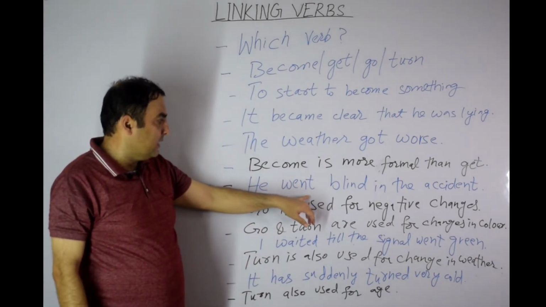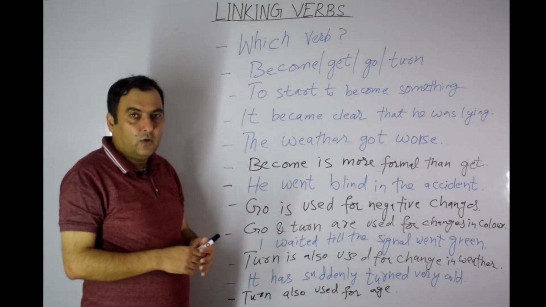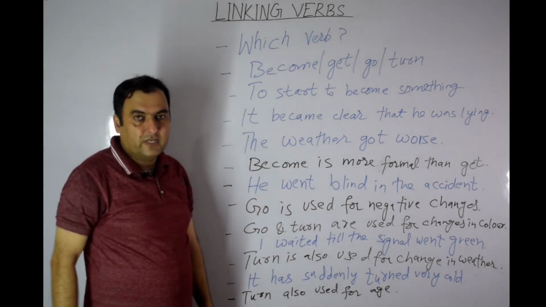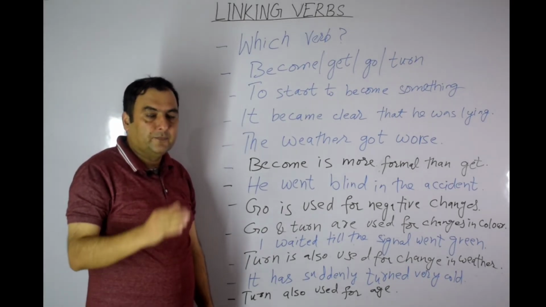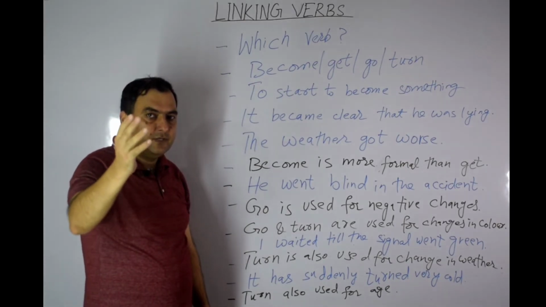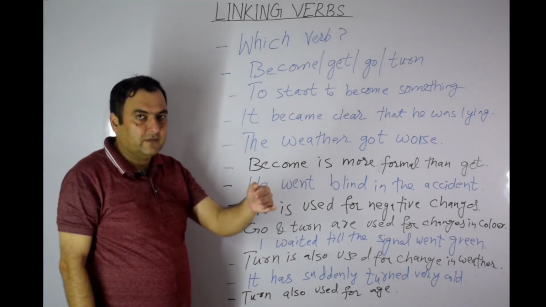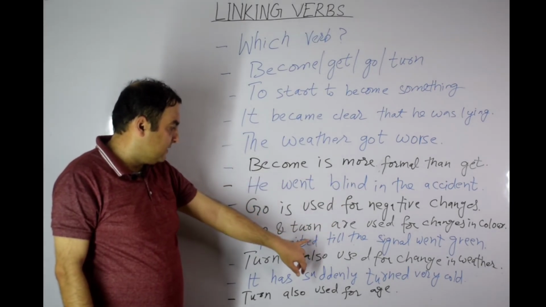For example, he went blind in the accident. Or you might have heard someone saying, that person has gone crazy. Or the food has gone bad. So go is used to refer to negative changes, with an adjective after go.